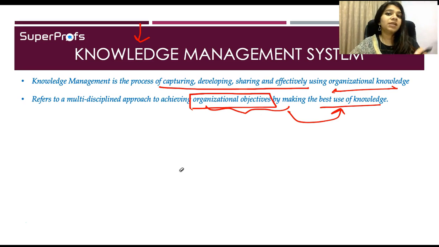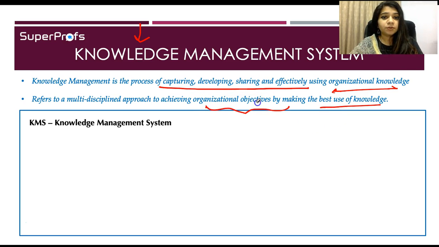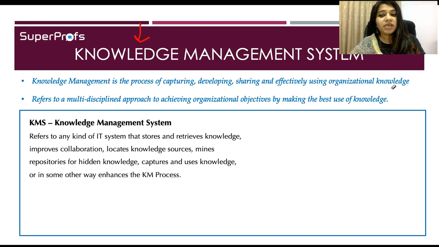Then you will understand and be able to write in the exam. So this is a multidisciplined approach to achieving organizational objectives, and how? By making the best use of knowledge. Okay, so it refers to any kind of IT system that stores and retrieves knowledge.